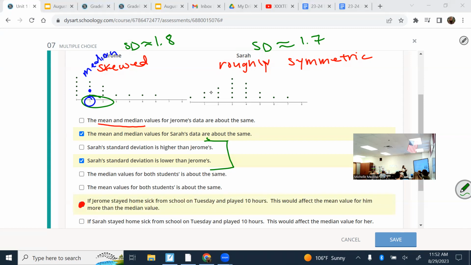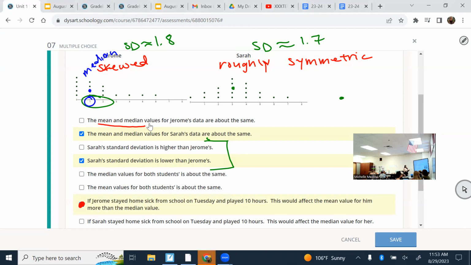Her median, if I remember correctly, was somewhere over here, one of these dots on the trees. If I added a data point of 10 way over here, would that change her median? It doesn't, it stays the same. So it would just be these 3 answers.